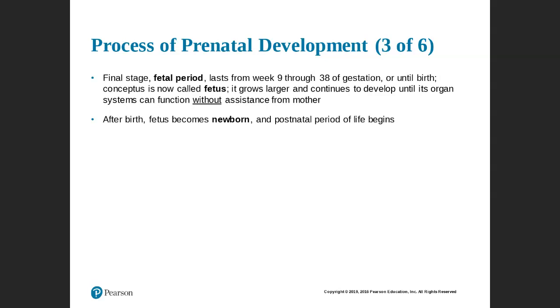It grows larger and continues to develop until all the organ systems can function without any assistance from the mother. Okay, that includes the GI system, the urinary system, everything. Okay. And then after birth, the fetus is what we refer to as a newborn. And then that's when the postnatal period begins. Okay, so prenatal and postnatal.